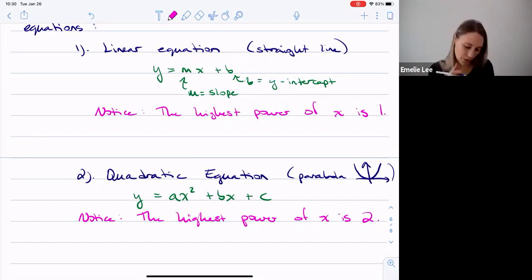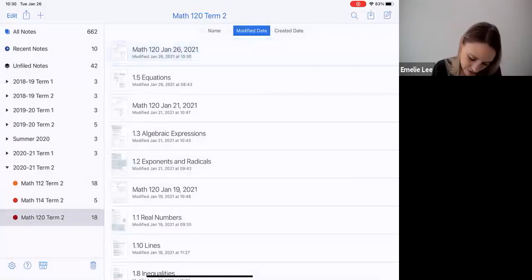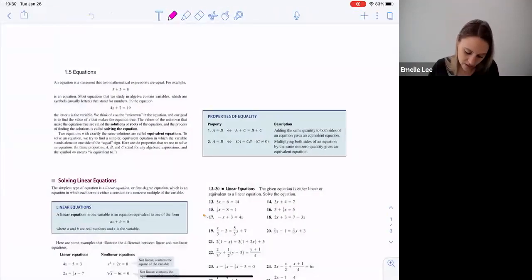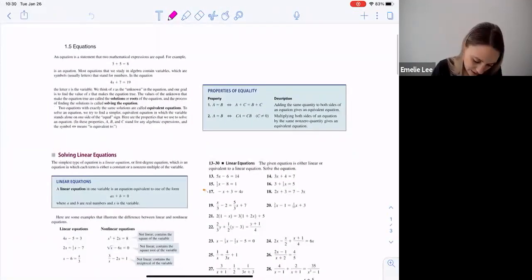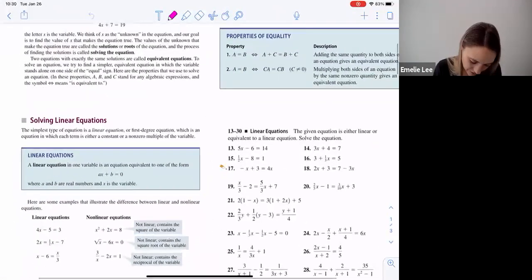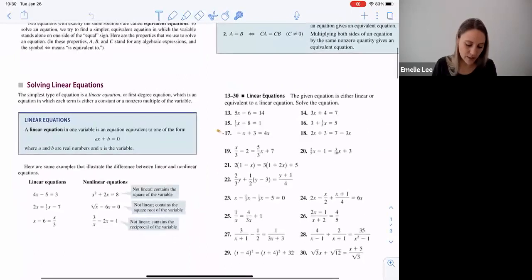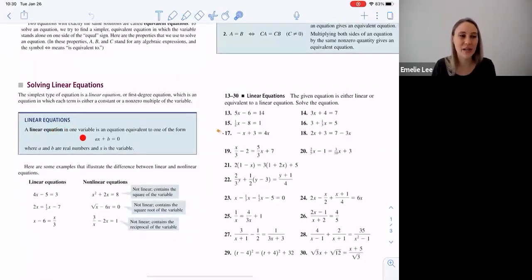If we go back to our 1.5 notes, there are a couple of notes here. I don't know, it got small when I brought it in, but that's okay. Here we've talked about linear equations, and I've already made notes of this.